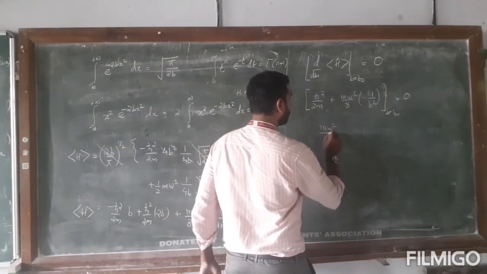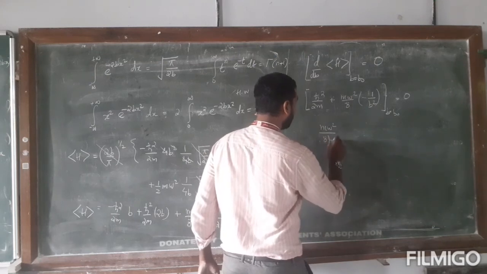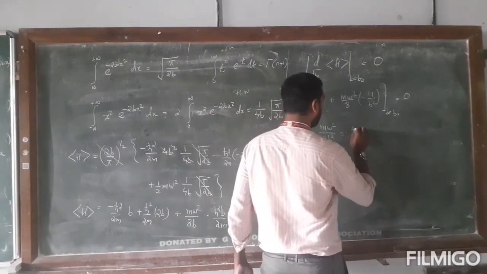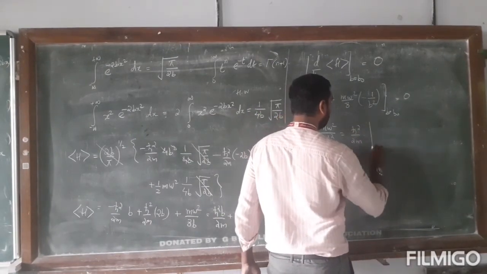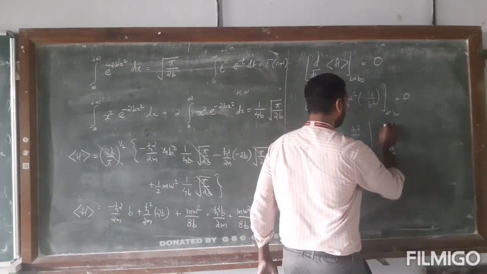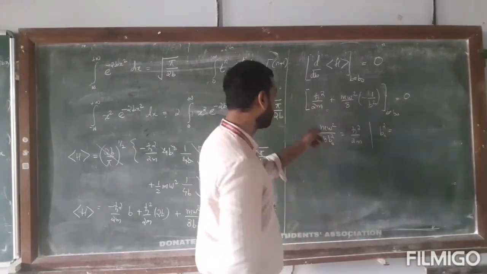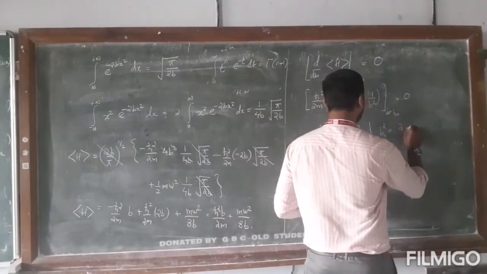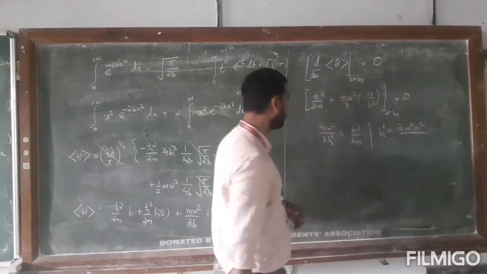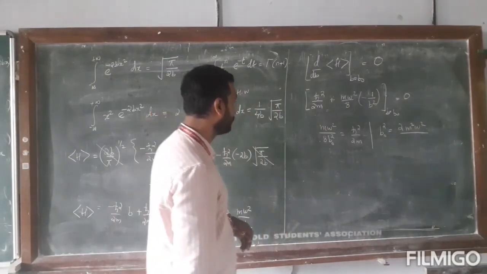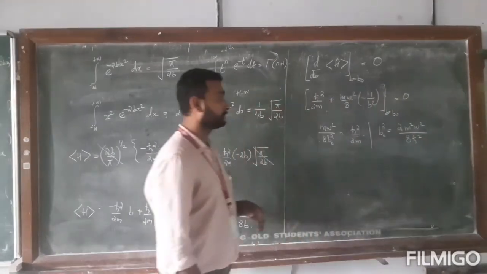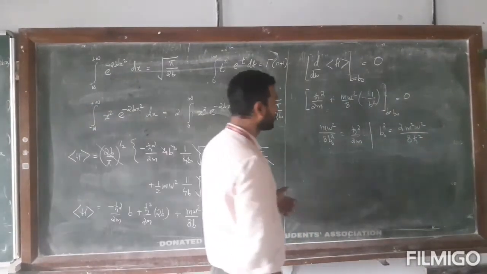So what do you get? mω²/8b0² equals ħ²/2m, or b0² can be written as 2m²ω² divided by 8ħ². Then what would be your b0?